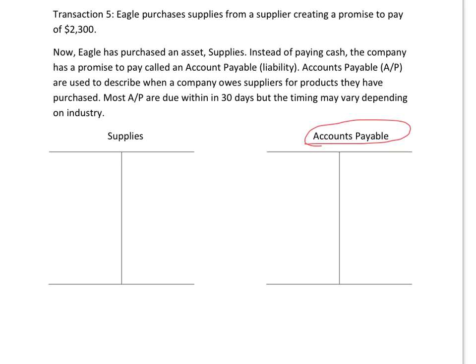So we'll go Transaction 5, 2,300, and then on the liability side, 2,300 for Transaction 5. So in this case, our assets, liabilities, and equity stay in balance. We increase assets by 23 and increase accounts payable by 23.